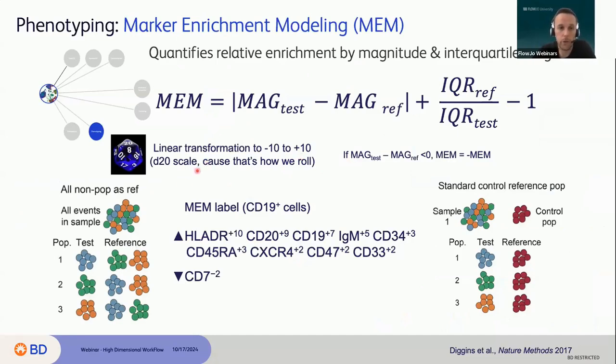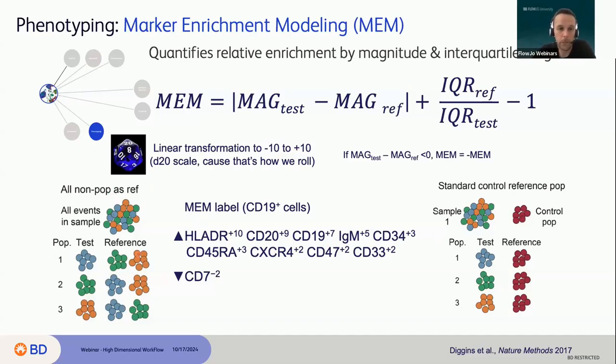It's going to give you a marker of positivity or negativity, so a plus or minus sign, and it's going to give you a vector. A vector going from 0 to 10, so 10 is really positive, or with a minus really negative, compared to the population of reference, and 0 the same.